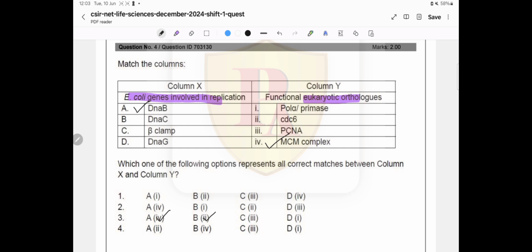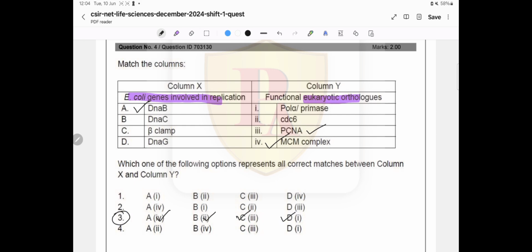And C, that is the beta clamp, it is PCNA, because beta clamp has this sliding clamp activity, it holds the DNA with the enzymes, and PCNA also performs the same function. So beta clamp and PCNA, that means C3. And lastly the remaining one, DNA G, that is D, it acts as polymerase alpha primase activity, so D1. So the correct answer is 3.